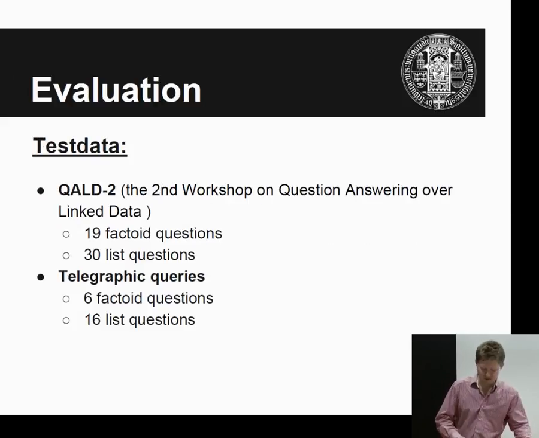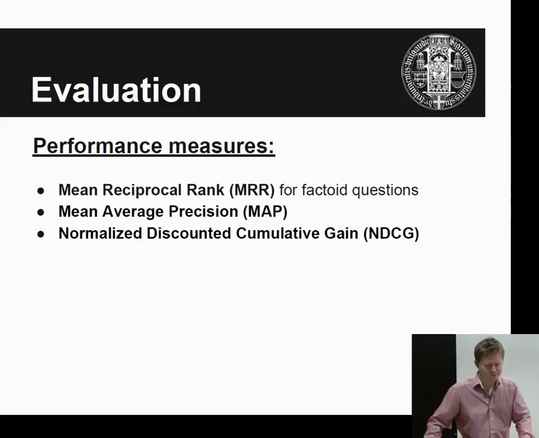And to measure, we use these methods: mean reciprocal rank for factoid questions, and mean average precision and normalized discounted cumulative gain for list questions. If someone doesn't know what that is, I can explain it later.